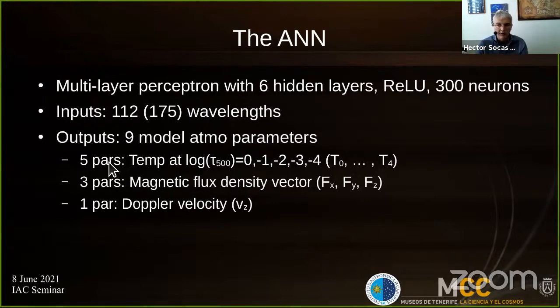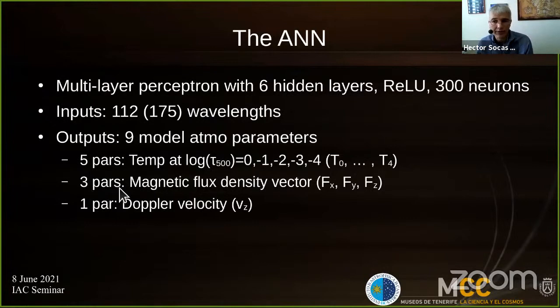And these model parameters are, we have 5 parameters that describe the temperature. These are temperatures at 5 different heights in the photosphere, starting from log tau equals 0, which is the base of the photosphere. That's where the continuum is formed. And then -1, -2, -3, and -4 are different optical depths above it that you can probe, because that's the formation region of the spectral line.